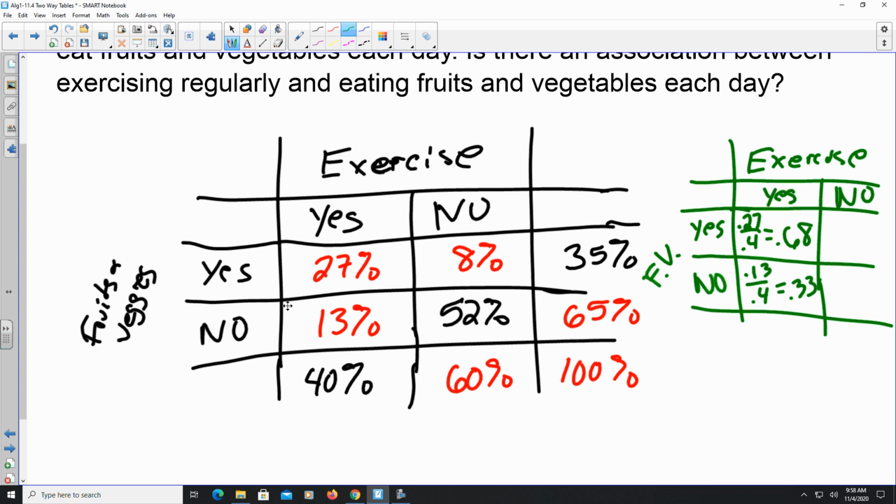For the yes and no, it's going to be 0.08 divided by 0.6, which is about 0.13. And this is 0.52 divided by 0.6, which is equal to 0.87.